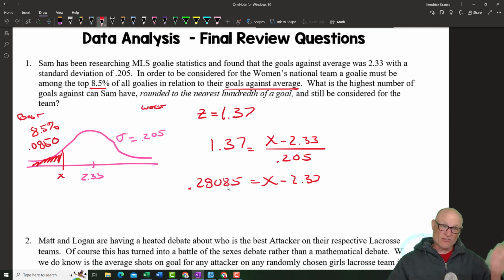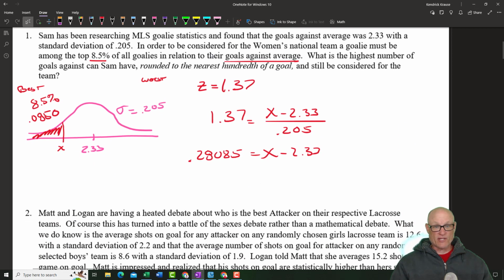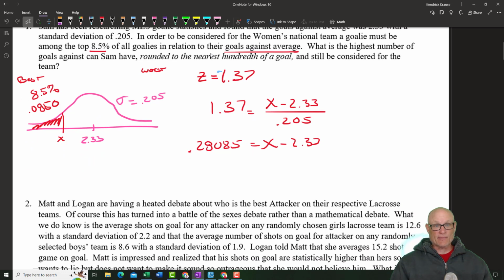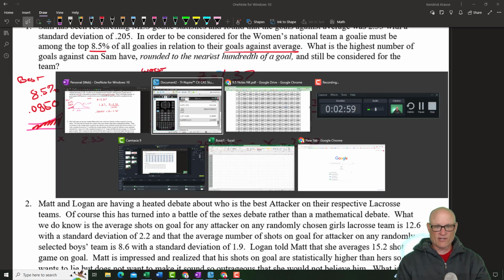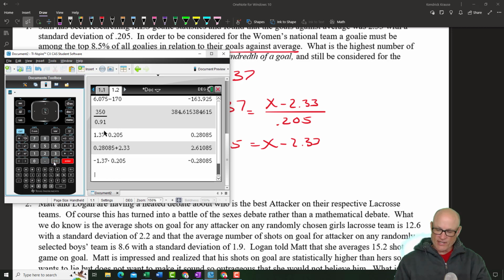So intuitively, I'm like, oh, I made a mistake. It's a total mistake, but I looked at it and thought, that doesn't make sense. Oh yeah, the z-score should be negative 1.37. So I'm going to come back up here and change this to negative, and press enter. And now add 2.33.